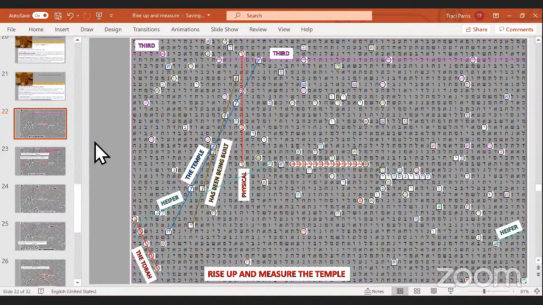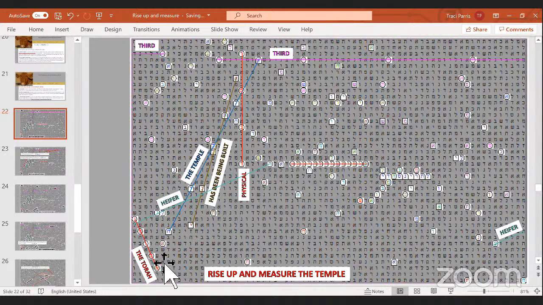Besides, we have instructions on how to build the next temple in the book of Ezekiel. And then heifer wraps around and it intersects with the temple has been being built and around to here.